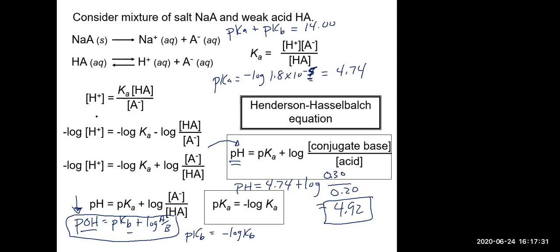There are people that just like to do the ice table, and there are people that like to use Henderson-Hasselbalch. A key thing to remember is you should only use this equation in a very specific time period, and that is a buffer situation. If it's not a buffer situation, which is a common ion situation, you should not use the Henderson-Hasselbalch equation.